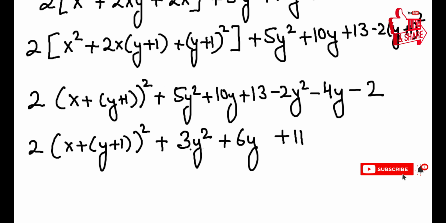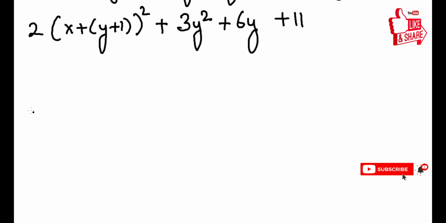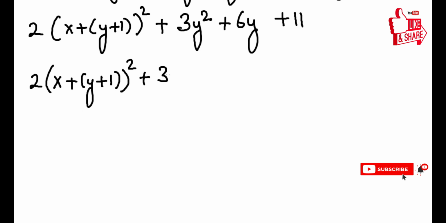Now we have to again do the same thing here. What is common among them in numbers, because we have to make the perfect square, right? So let's take the common thing out. This part I am writing the same, 2(x plus y plus 1) squared, then this 3 is common. What is left here is y² plus 2y, and we just need to add 1 with it, right?